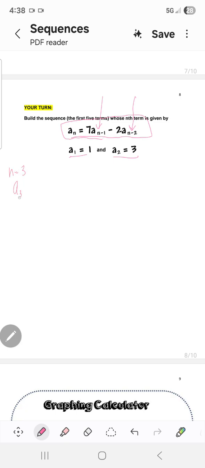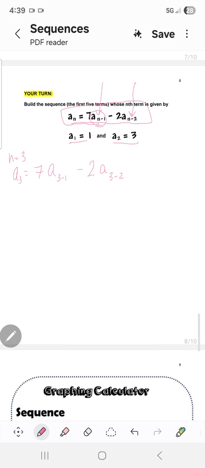So that means n is 3. If n is 3, I'm going to have 7 a sub 3 minus 1 minus 2 a sub 3 minus 2.